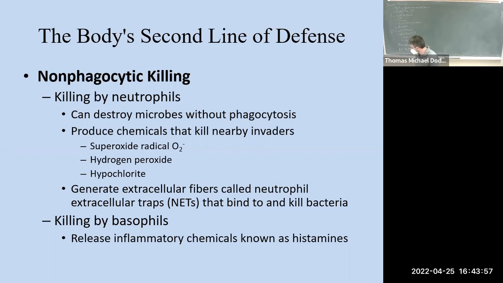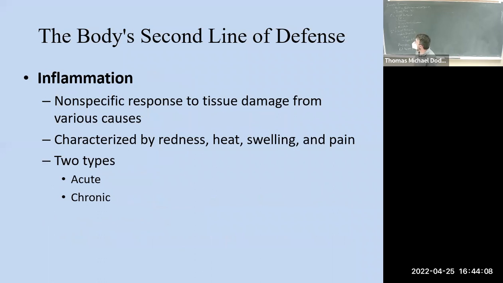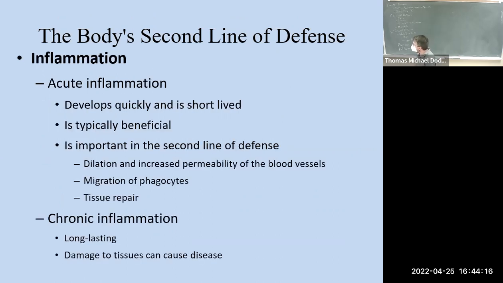Histamines, that one's fun to talk about because it causes inflammation, and then we go take medicine to stop our body from doing what it's supposed to do. Okay, inflammation, we talked about two types, acute and chronic. We've talked a little bit about this with wound healing, so I'm not going to get into great detail here. But acute versus chronic, the difference is that inflammation, which one do you think is okay?